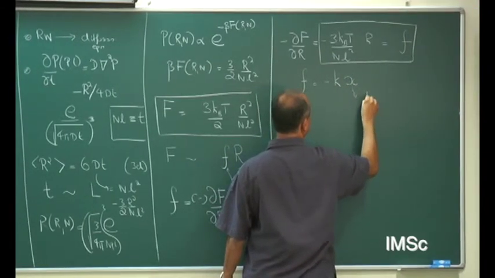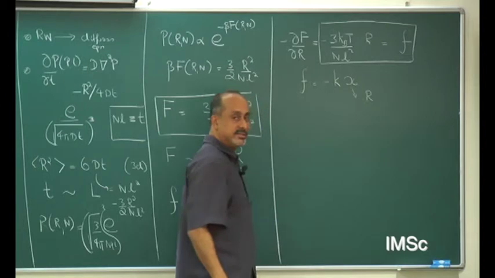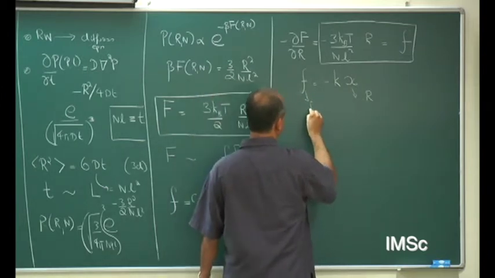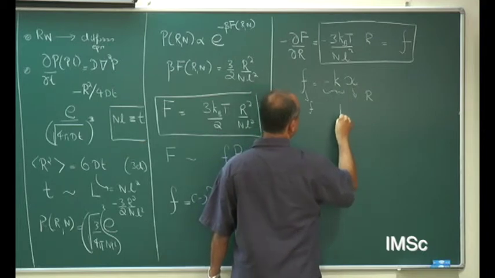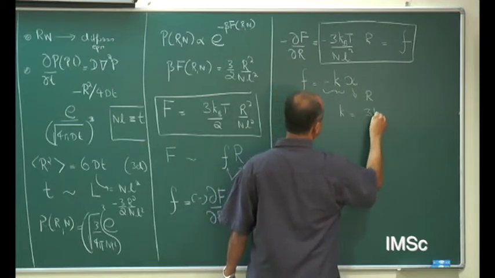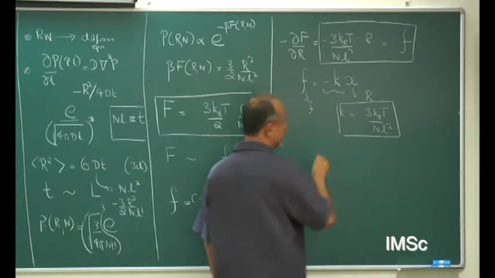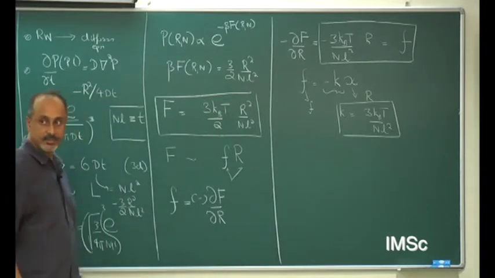The role of the displacement is given by the extension R. The role of F is of course the same as F that we apply. So the spring constant K is thrice kBT divided by N times L squared. This is again the result that we wrote down the last time.